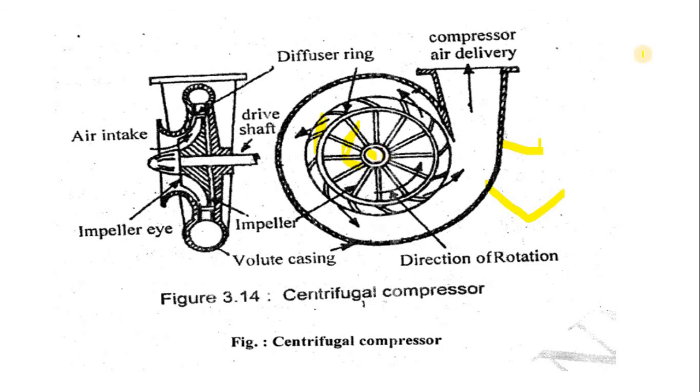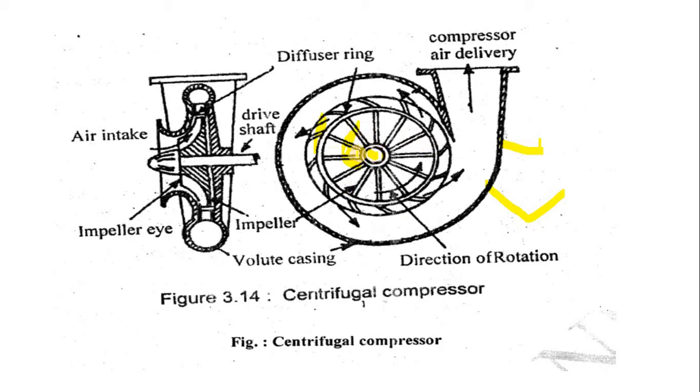Now the working principle of the centrifugal air compressor. When the air passes through the rotating impeller, it experiences a force, and work is performed by the centrifugal force. The air from the atmosphere comes in through the inlet section and then passes through the impeller.